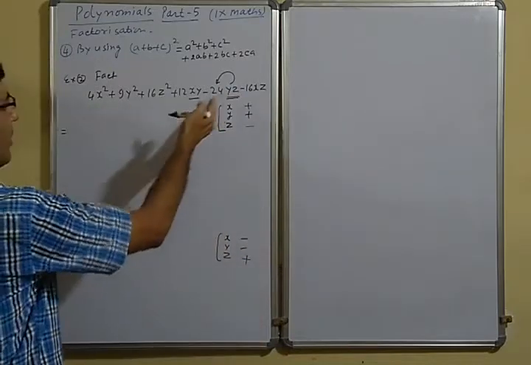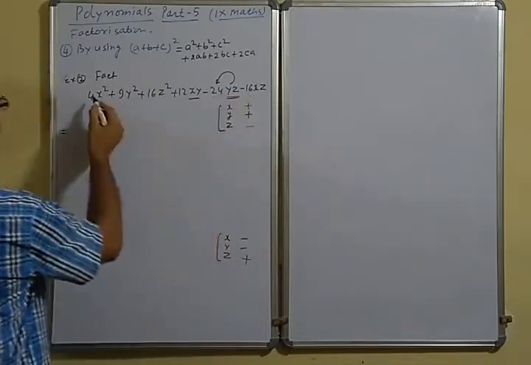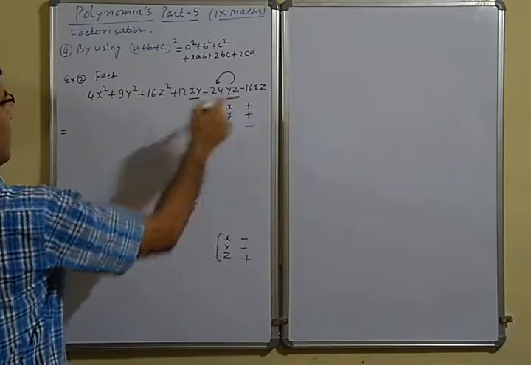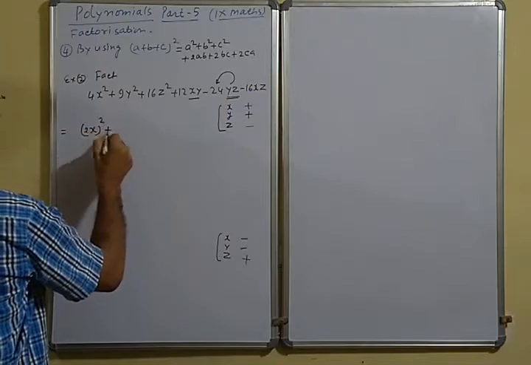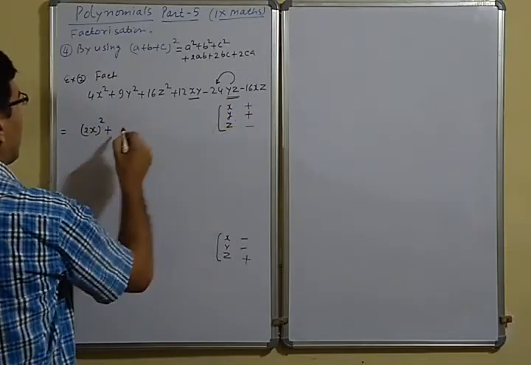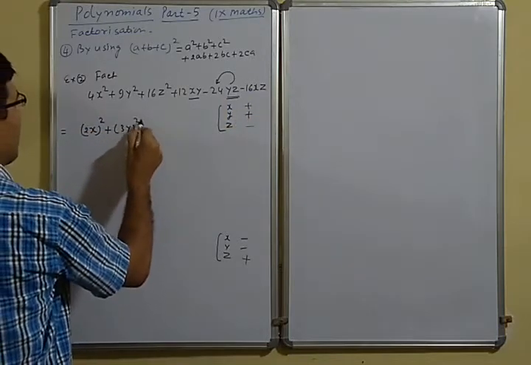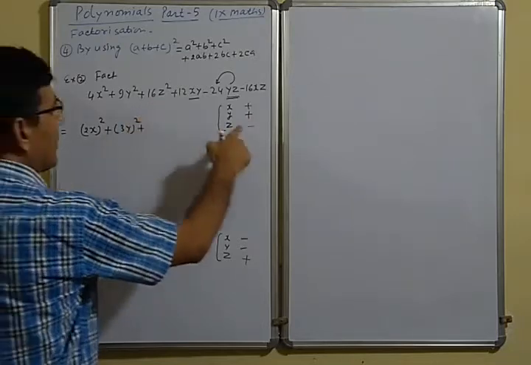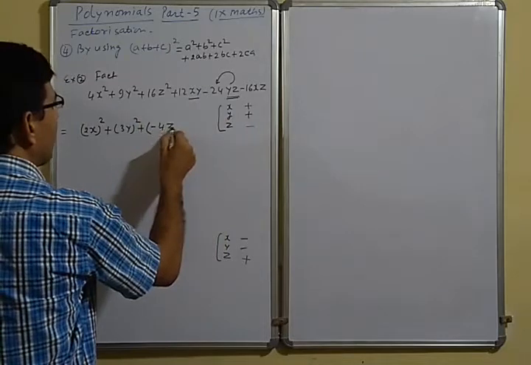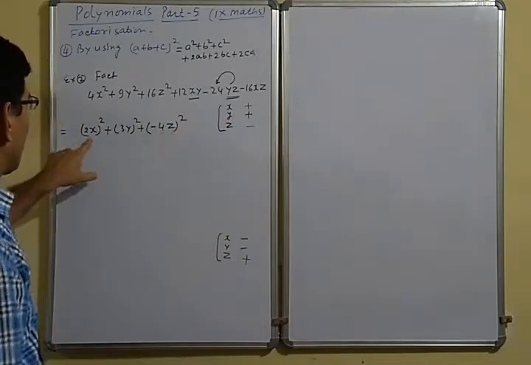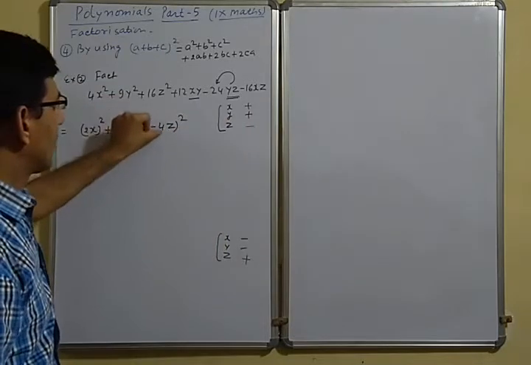So factorize this one by using this sign. Now 2x, the sign of x, this one is plus. So this is (2x) whole square. Similarly, plus, so we'll write here (3y) whole square and plus (4z), z is here taken as negative. So what we'll write? Minus (4z) whole square. This is a square, this is b square, and this is c square.